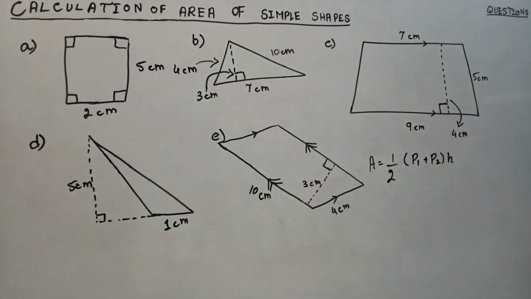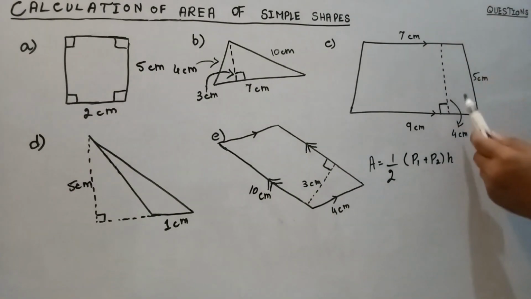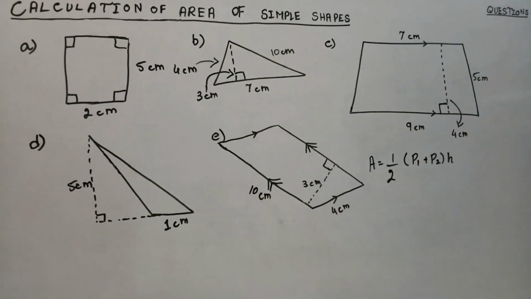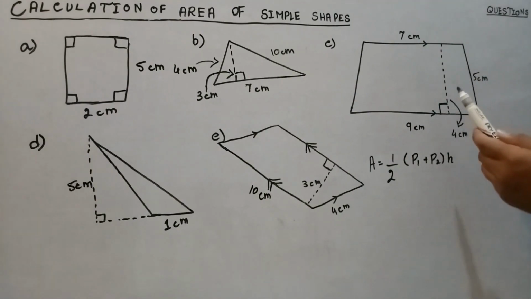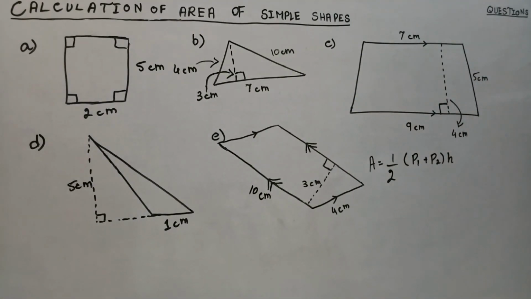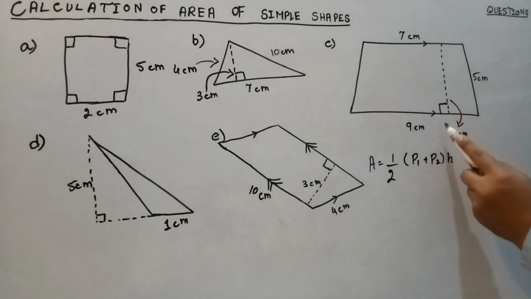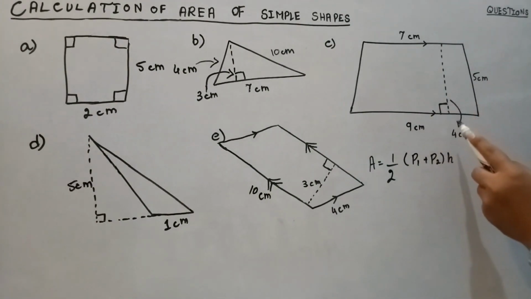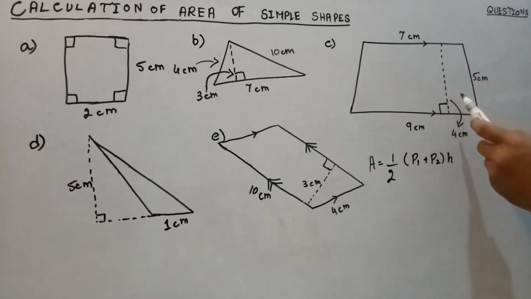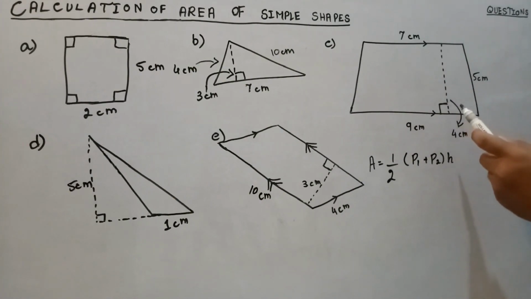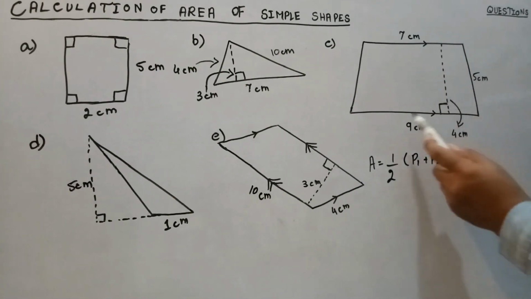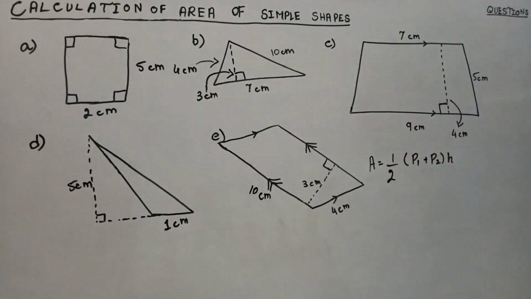So actually this is our height, because we will only get the height if we have the perpendicular distance. It means that here we have 90 degrees: the line is at 90 degrees with the other line. So in this case we will get our height. So our height is 4 centimeters.